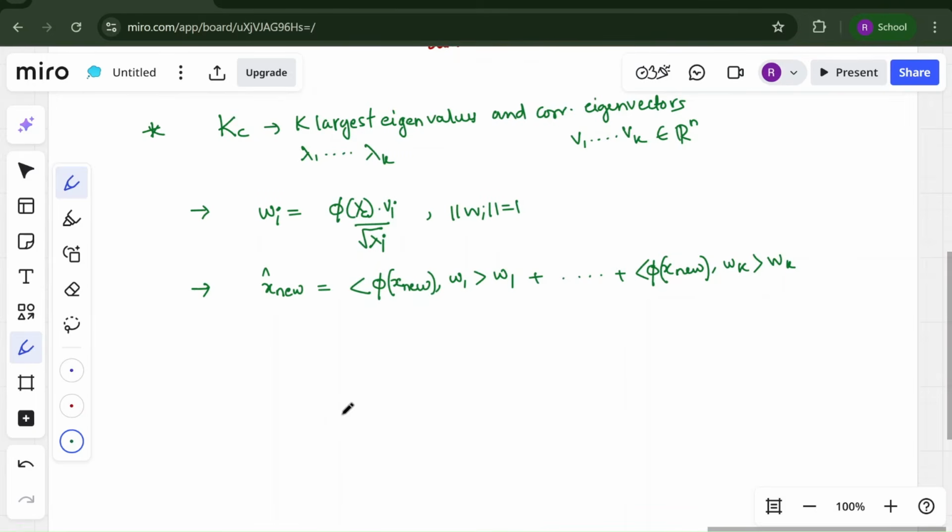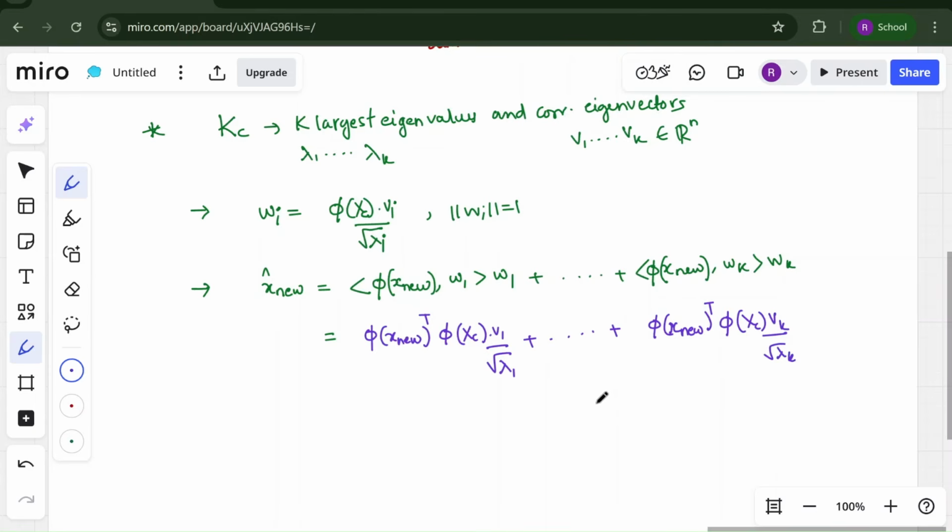The idea is, observe carefully, you can write this as phi x new transpose, and instead of w1 I can write phi xc times v1 divided by under root of lambda 1, plus and so on, all the way up to phi x new transpose phi xc vk divided by under root of lambda k.